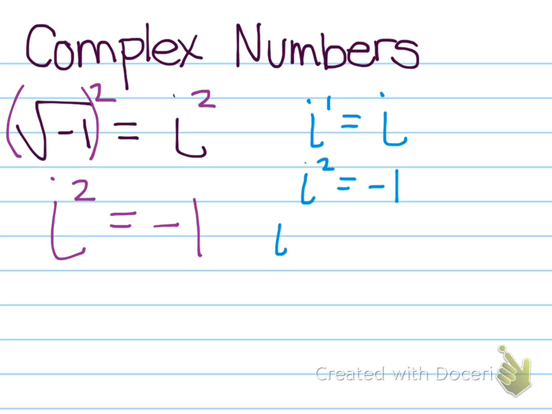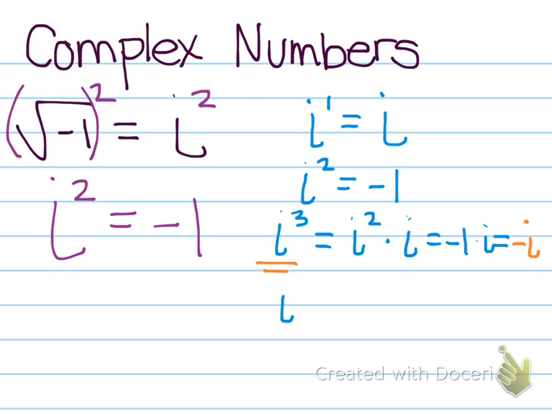Then i to the third would be like putting i squared times regular i to the first, because if you use the multiplication property and add the exponents together, you get i to the third. Since we know that i squared is -1 and i is i, then i to the third equals -i.